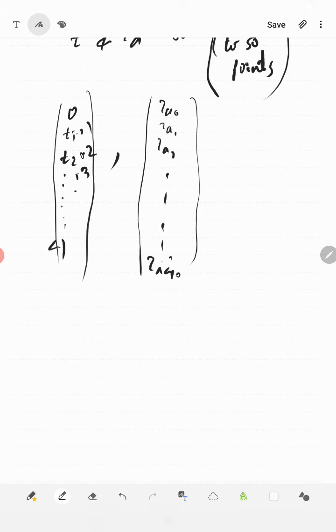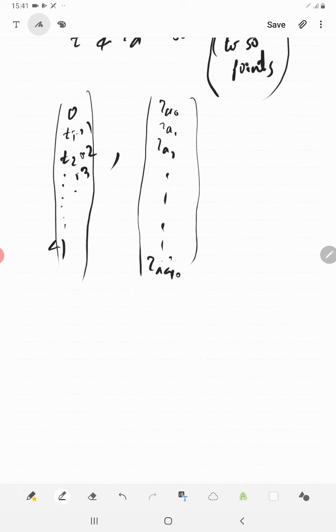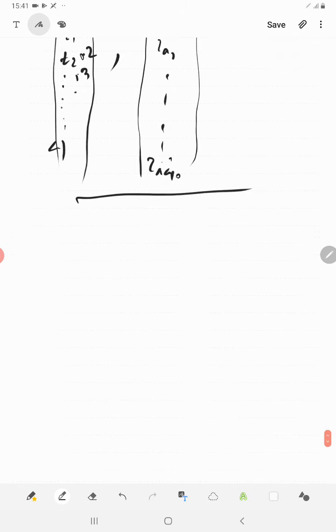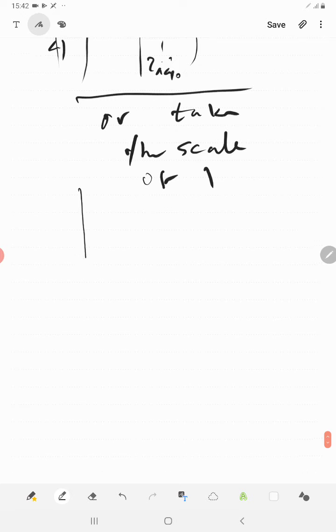And you have 2 scales there, up to 1 or so. You can choose, for example, the scale of 1.